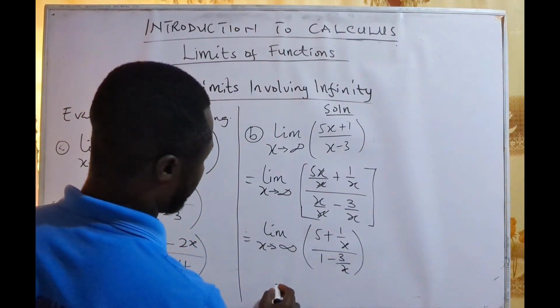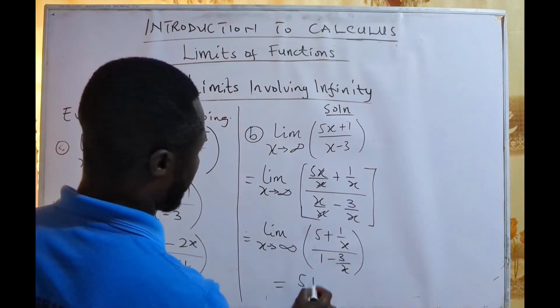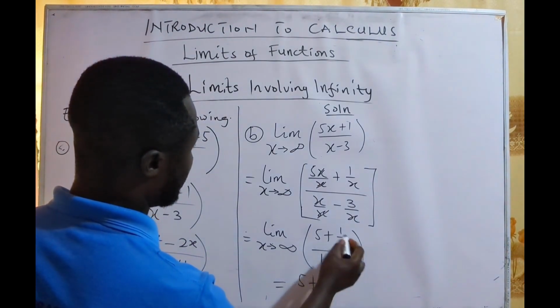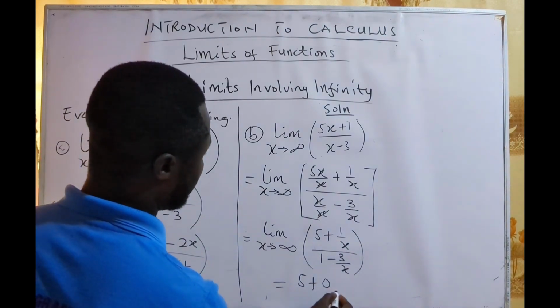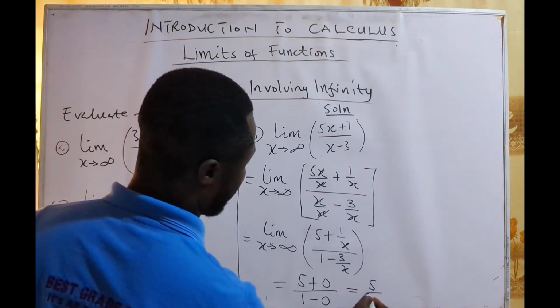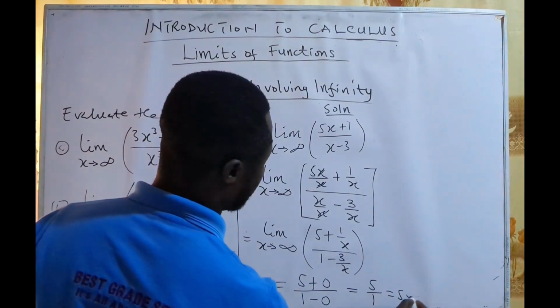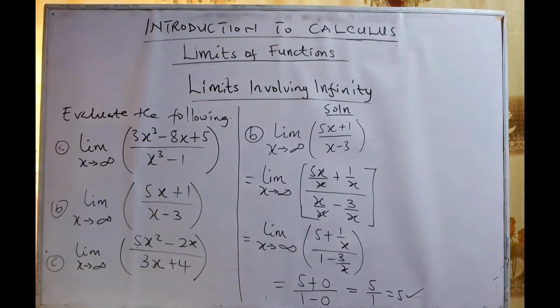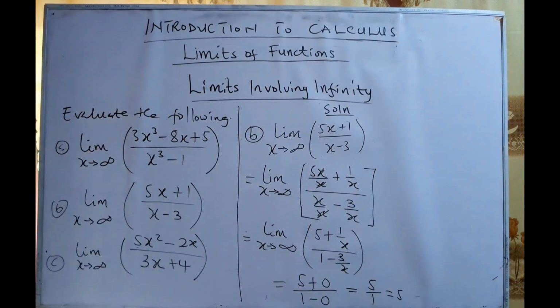Then what is going to happen? We'll have 5 plus infinity as a denominator, so 0, 1 minus infinity as a denominator, so 0. We have 5 over 1, and then that will give me 1. So my limit will give me 5, okay, as x approaches infinity. As s approaches infinity.